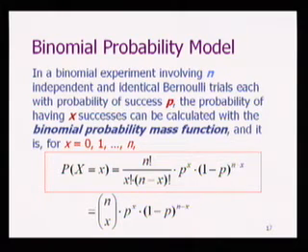So if we're talking about casting a die and interested in seeing 6 to occur, then this p is the chance of 6 to occur, so that's 1/6. And the probability of having x successes can be calculated by this formula. X successes is really that x that we define in the event. If we're interested in seeing 2 sixes, then this x will be 2. This is the event of interest that we'd like to calculate the probability for.